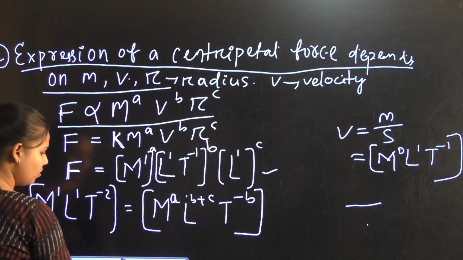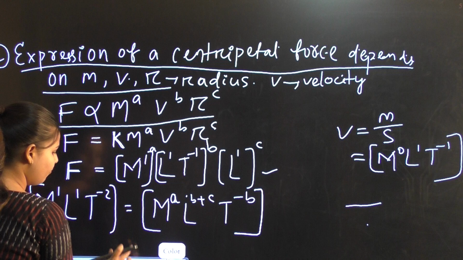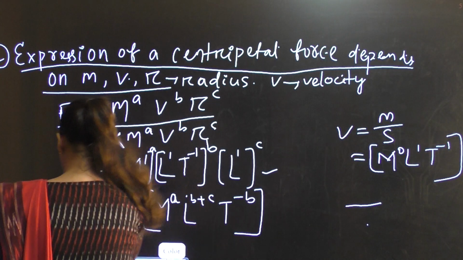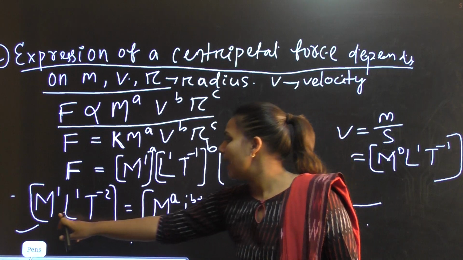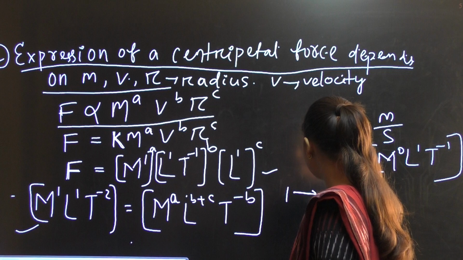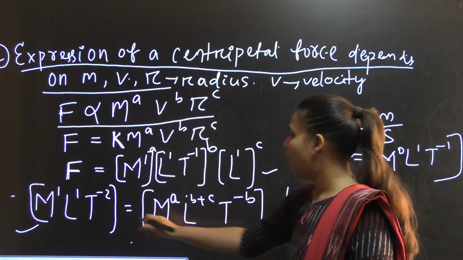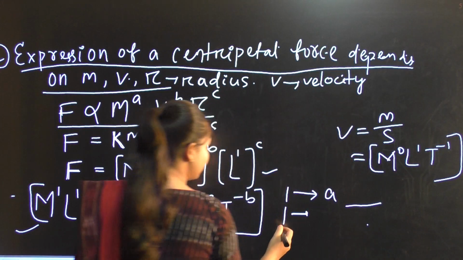Now from here we get to know that M varies with M, which means 1 equals a, and 1 equals b plus c.